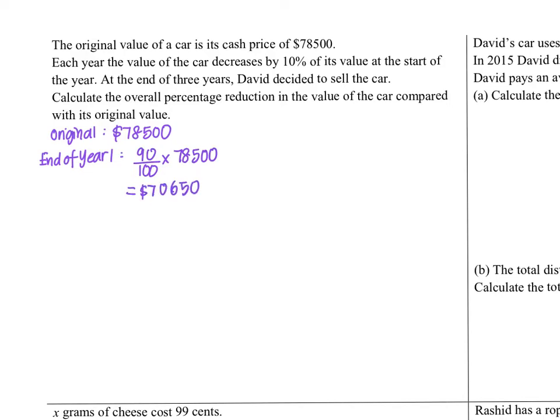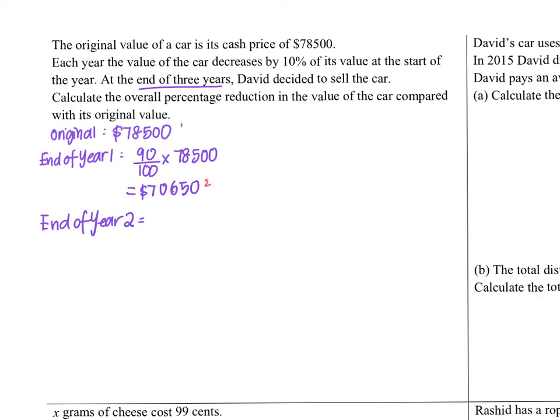Now they tell me that at the end of year 3, this cycle is going to repeat, right? So what I'm going to do now is the end of year 2. The beginning of year 2 is now which value? Is it the first one or the second one?